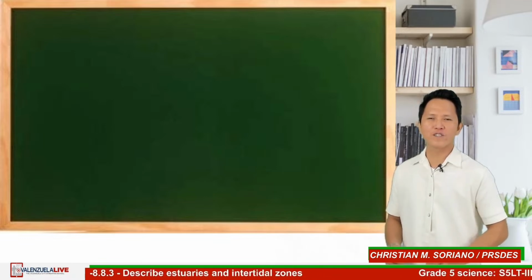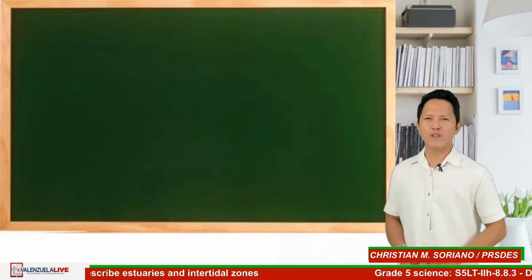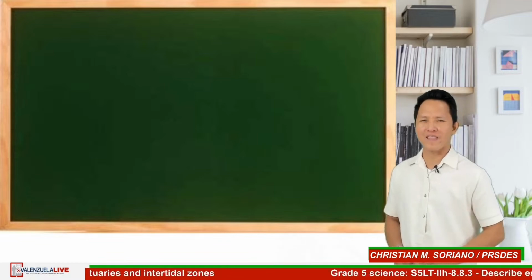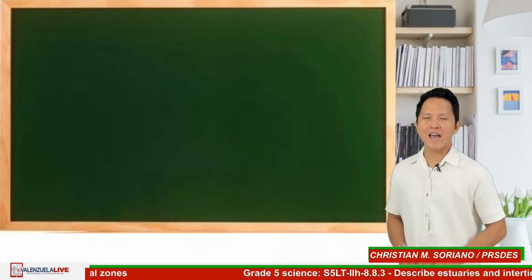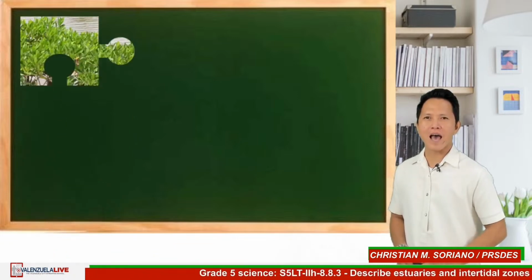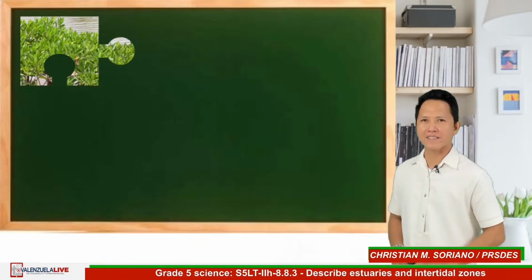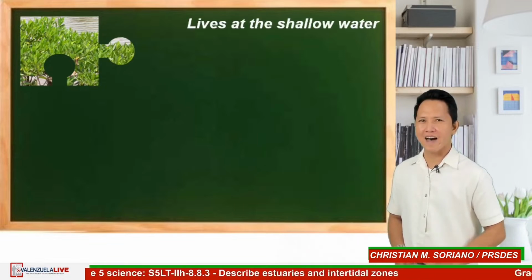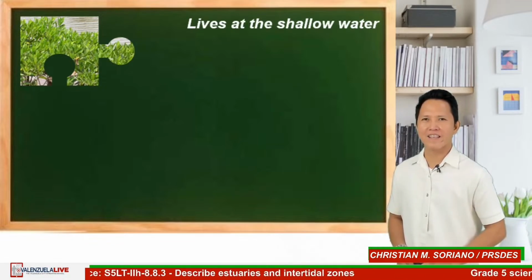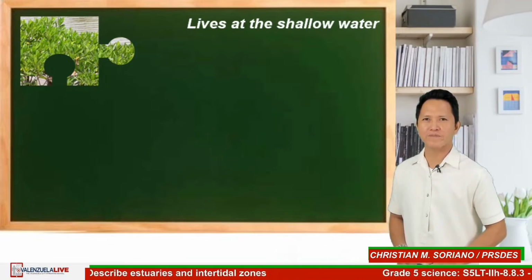To remind you of the previous lesson, we will simply review the biotic and abiotic factors. We simply mean that we're going to review the living and the non-living organisms. As we go through this review, I'm going to give you some tips on answering. I'm going to show a piece of a puzzle and then a clue, and then you can work your way down to your answer.